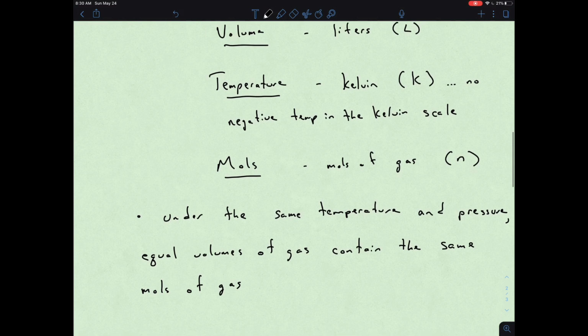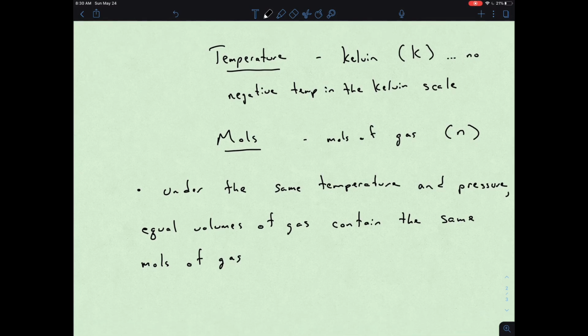So there's an inherent relationship between all four of these that we're going to find.